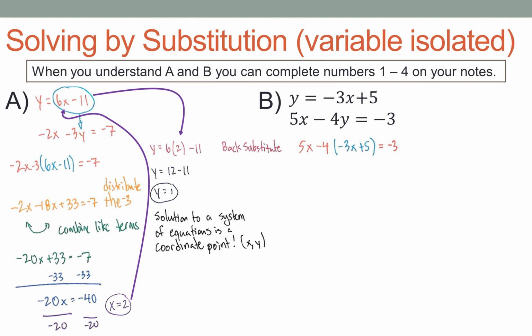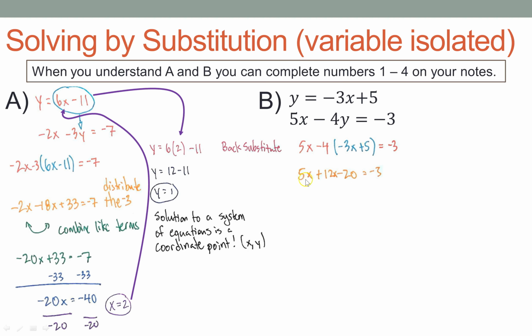So the second equation, when I've substituted in what y is equal to, now says 5x minus 4, parentheses, negative 3x plus 5, close parentheses, equals negative 3. Okay, so now I just distribute the negative 4. Negative 4 times negative 3x is equal to positive 12x, and negative 4 times positive 5 is equal to negative 20.